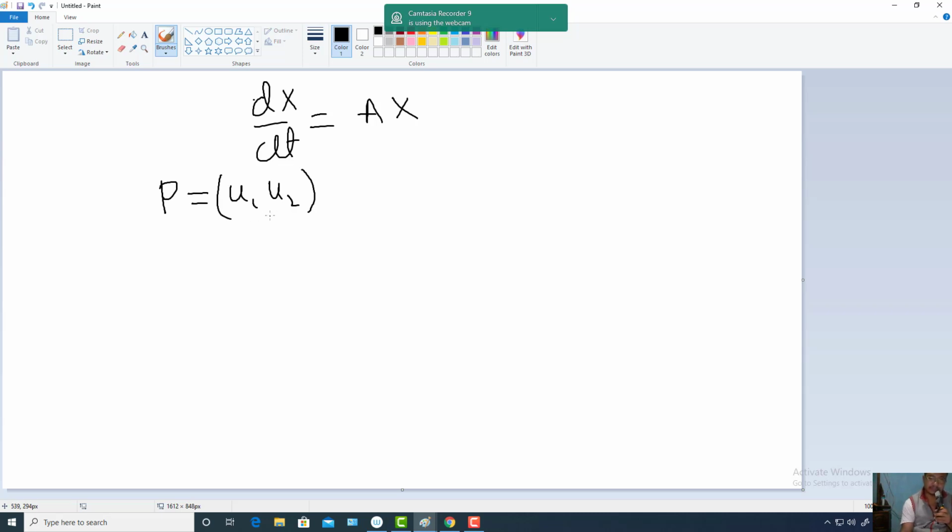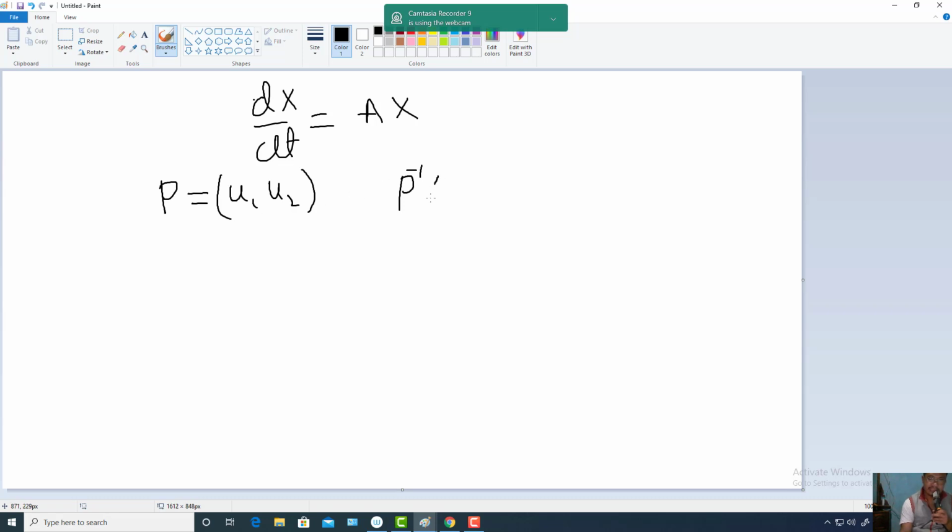By Jordan canonical transformation, P will be invertible, because u1 is the eigenvector corresponding to the eigenvalue lambda 1, u2 is the eigenvector corresponding to lambda 2, and lambda 1 and lambda 2 are distinct. Therefore u1 and u2 are linearly independent vectors, and P is invertible.